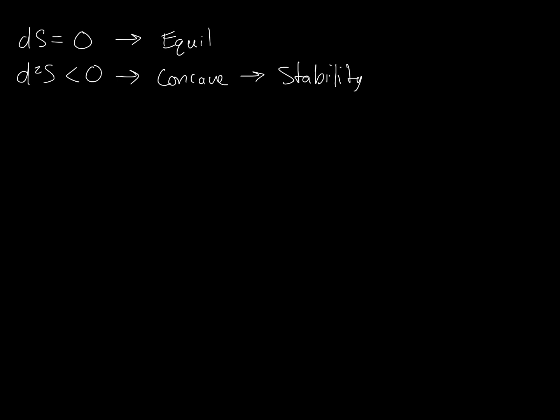Right, so we know that the entropy with respect to any variable, could be time, temperature, pressure, volume, whatever the case is, always has to be concave. If it is not, then the universe is critically unstable.